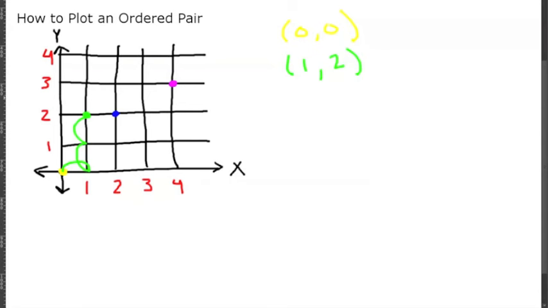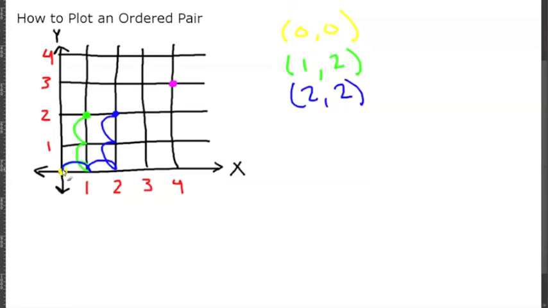Now let's go with the blue. For blue, we need to go over to the right 1, 2, and we're also going to go up 1, 2. So our blue coordinate is 2, 2. And last but not least, we're going to do our purple coordinate.